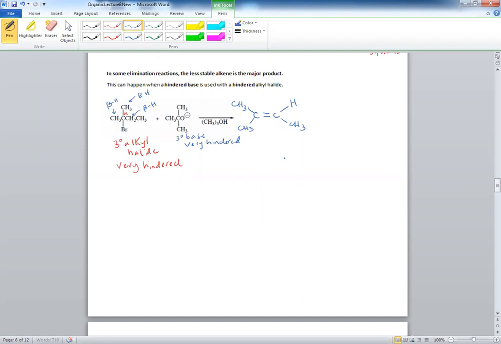And that would be your tri-substituted, which would be the more stable one, but you would only get 28% of the yield.